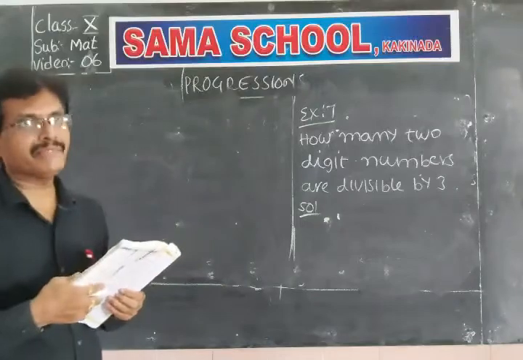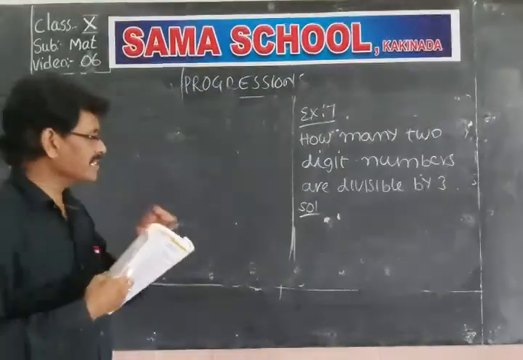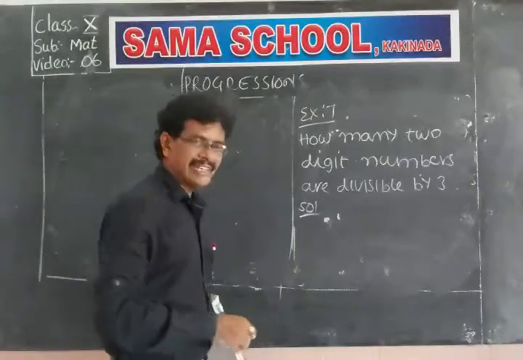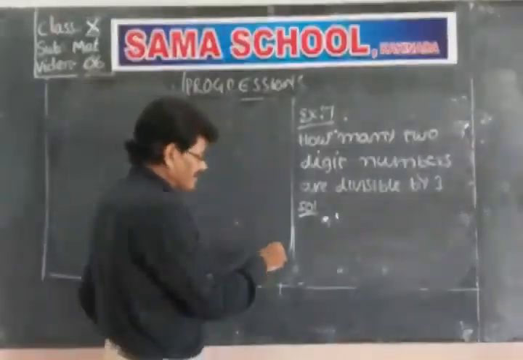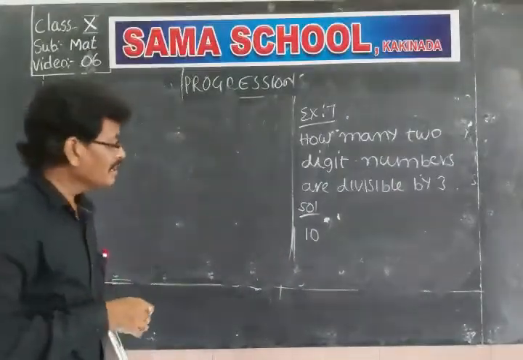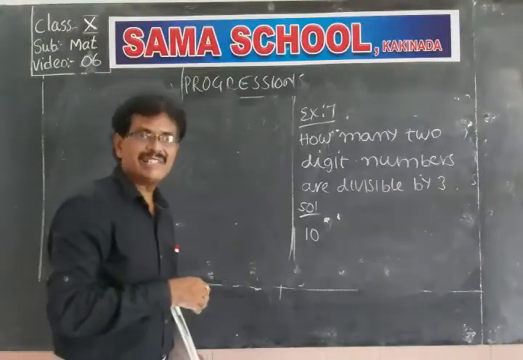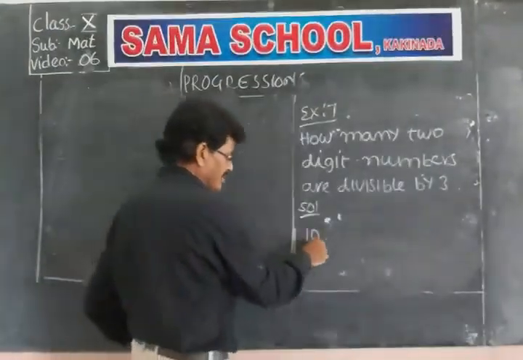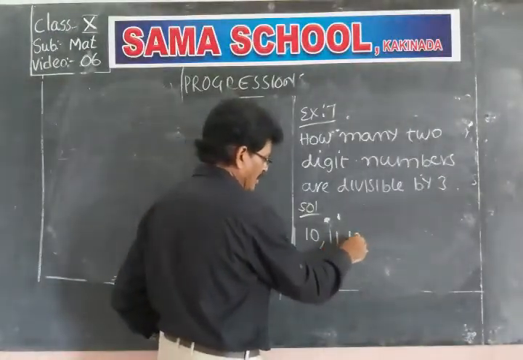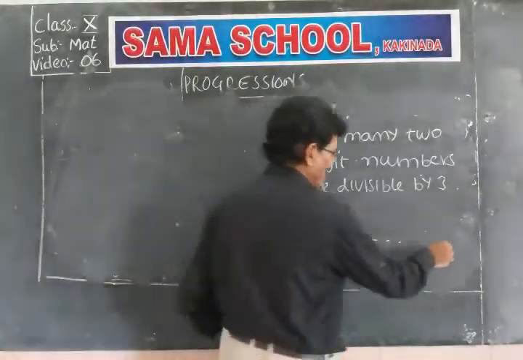First of all, let me find the starting value of the two-digit numbers. 9 is the highest one-digit number. After that 10 starts. 10 is the starting number of two-digit numbers: 10, 11, 12, etc. The highest two-digit number is 99, isn't it?